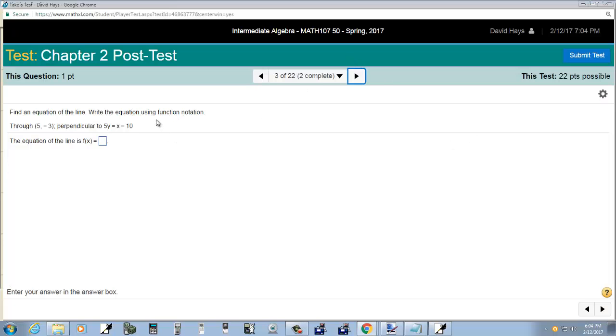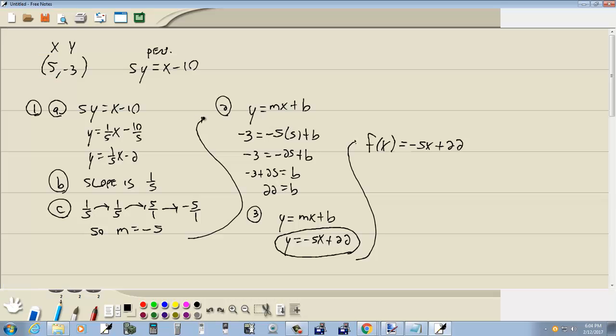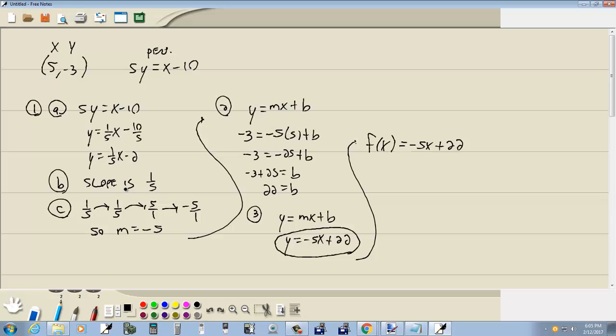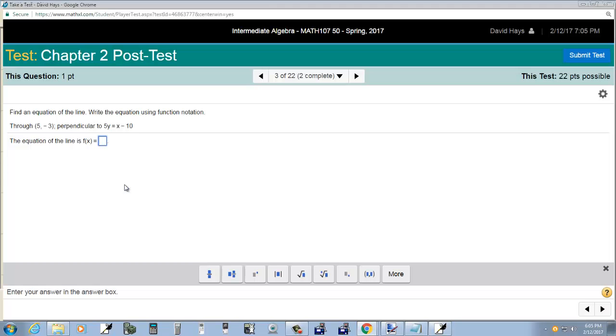When you talk about write the equation using function notation, normally you could use any function notation, but notice how here they're giving you f of x equals. So they're just wanting us to write the right side, which is -5x plus 22.